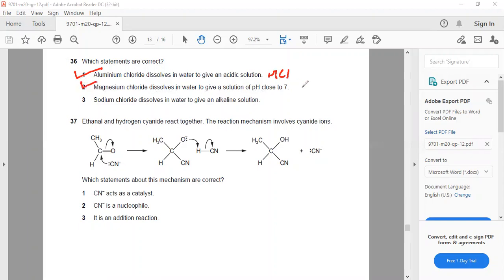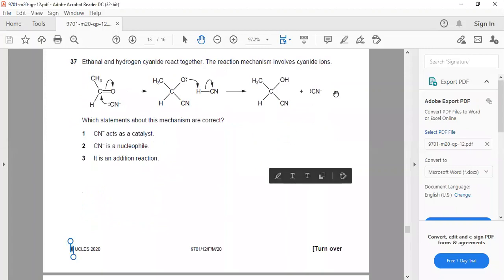Yes, it's true, because magnesium chloride is slightly acidic. pH, you can say 6.5 to 6.9. Wrong. Sodium chloride is neutral. B is the answer. 1 and 2 means B. Sodium chloride does not give an alkaline solution. It's neutral.